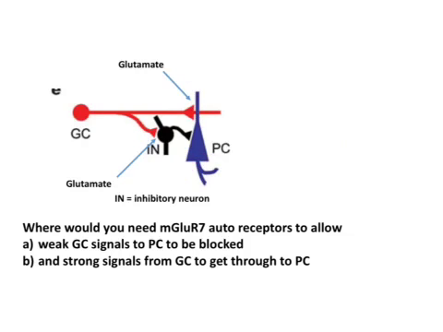So, in looking at the points typed on the screen here, where would you need the metabotropic glutamate receptor 7 autoreceptors to allow for weak signals from the granular cell to the pyramidal cell to be blocked, and strong signals from the granule cell to get through to the pyramidal cell?